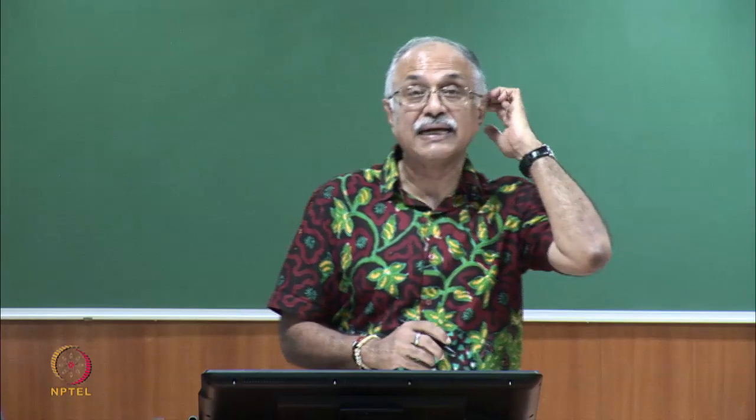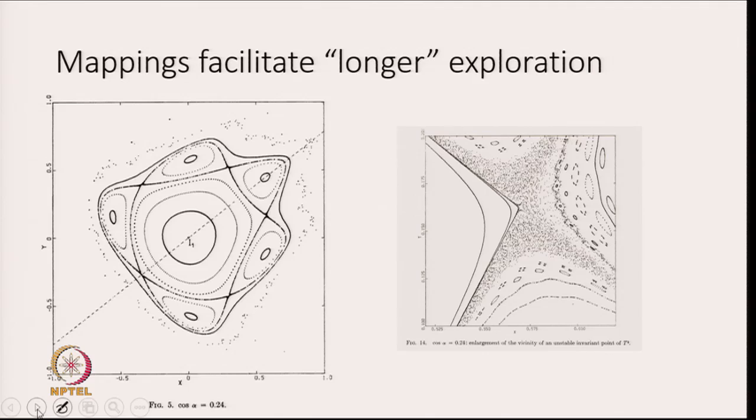Very interestingly, you can also see the effect of the heteroclinic tangle. Here is an image of the mapping for cosine alpha equal to 0.24, and here you find that the elliptic fixed points, you see them really at the center of these islands over here, and the hyperbolic fixed points which you see over here.